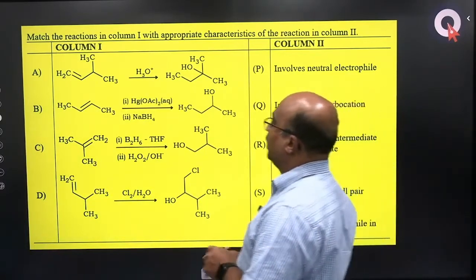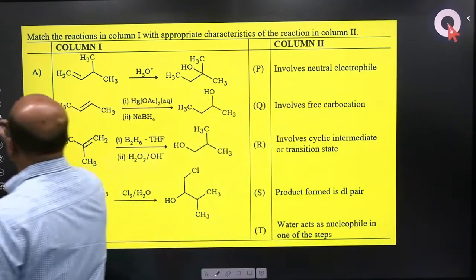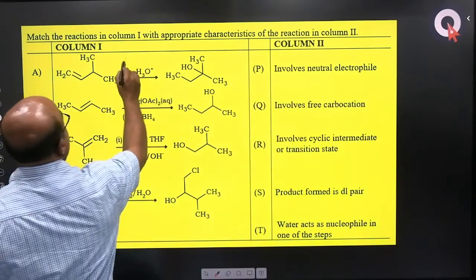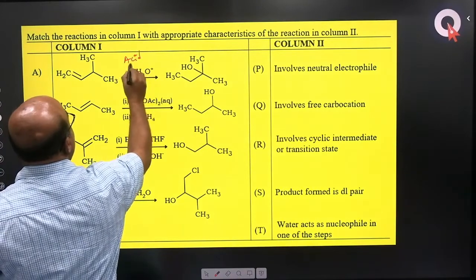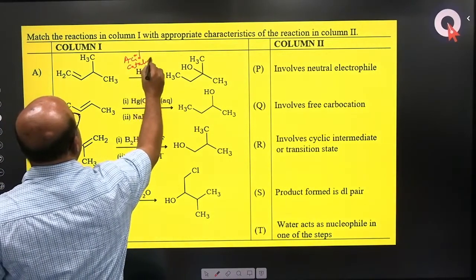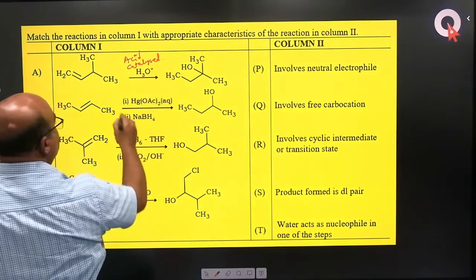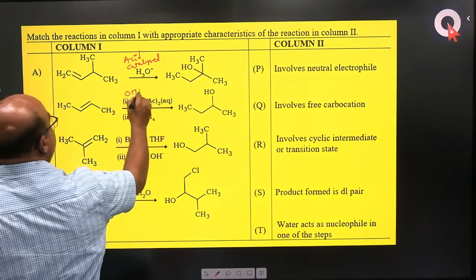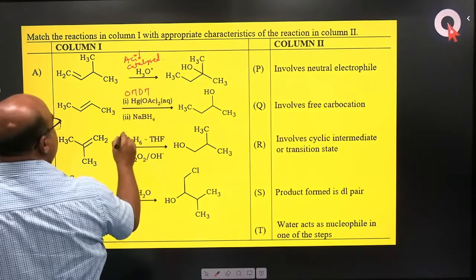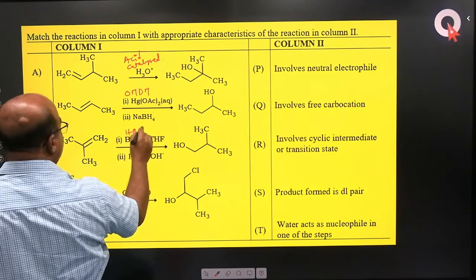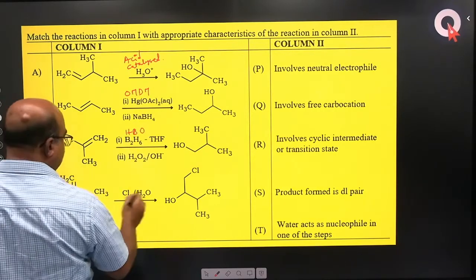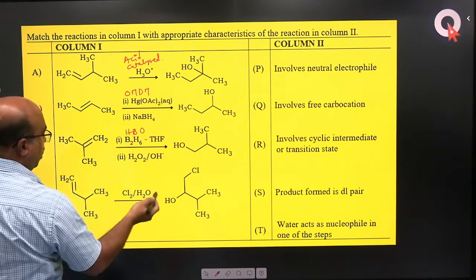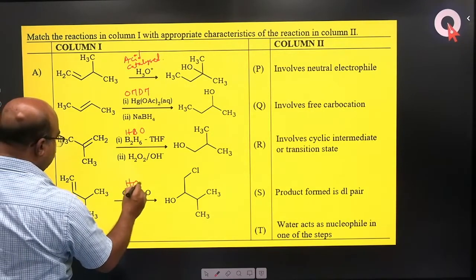So this is acid catalyzed addition of water. So this is acid catalyzed addition. This is simply we say OMDM. This is hydroboration oxidation. This is just an addition of chlorine in water, nothing but HOCl.